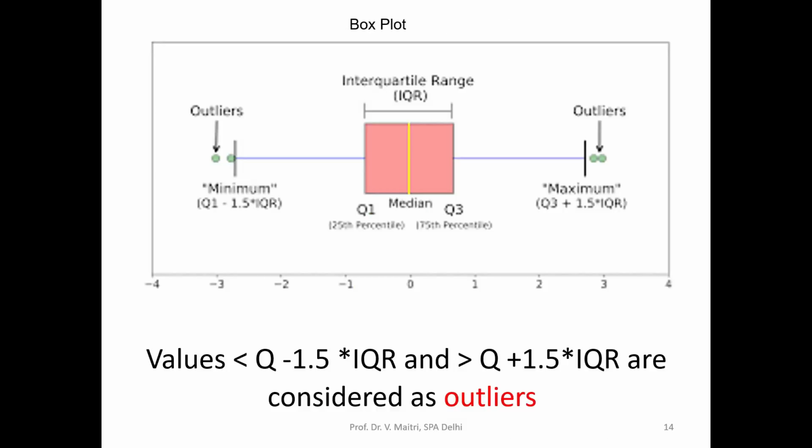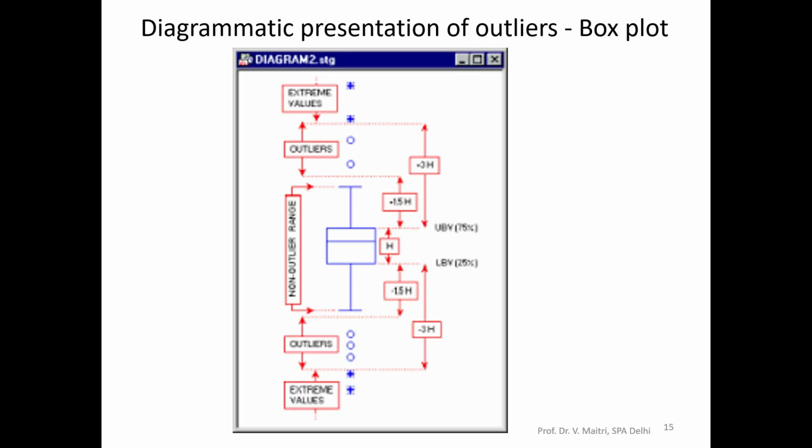Here it is Q3 plus 1.5 times IQR and Q1 minus 1.5 IQR, and here it is Q1 minus 3 times IQR and Q3 plus 3 times IQR. Q1 is used here, and Q3 we are using here. So now I have repeated this at least 2-3 times. These values are known as extreme values, and these are known as outliers.